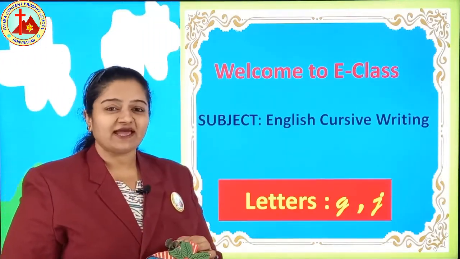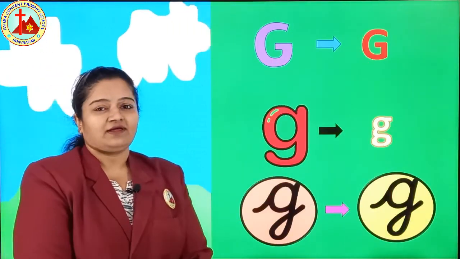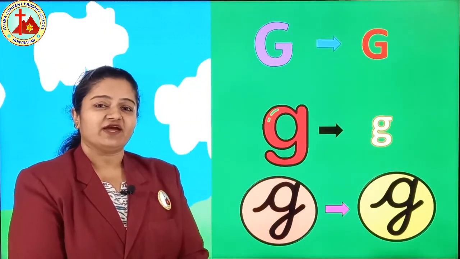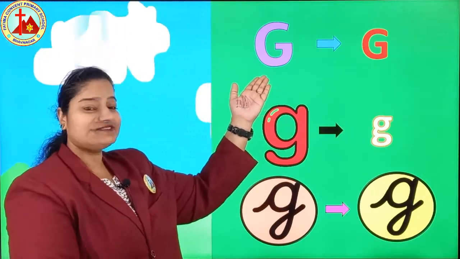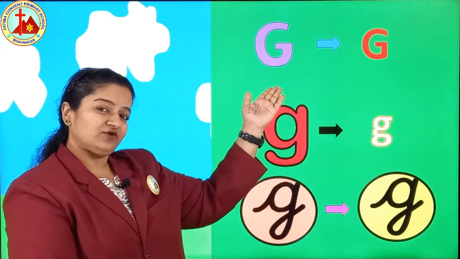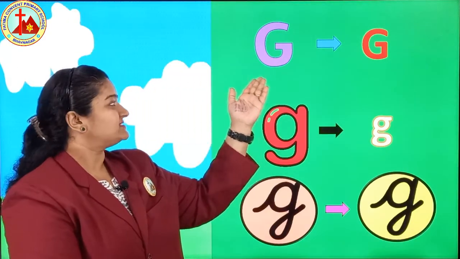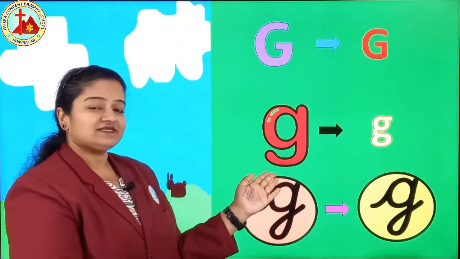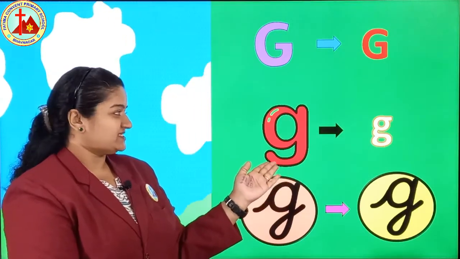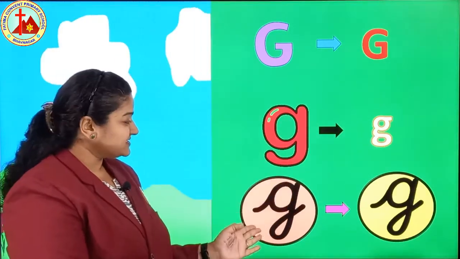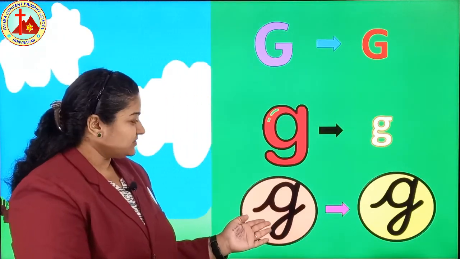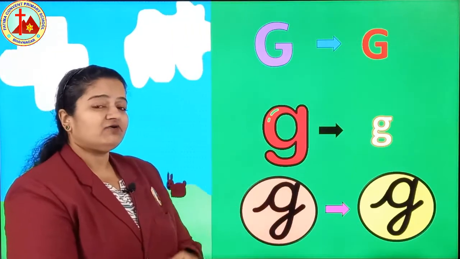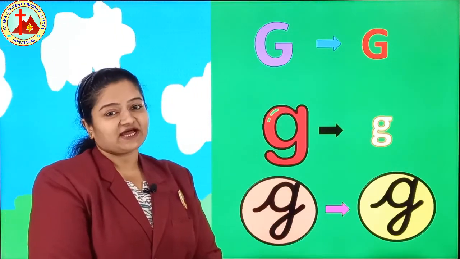So watch carefully. Now, as we know, first we are going to recognize. Come on, tell me which letter is this? Capital G. You already know. G says G. This is small g. G says G. And this is the cursive g that we are learning today. Cursive writing g. Now we'll see some pictures which start with the letter G. Okay, come on.